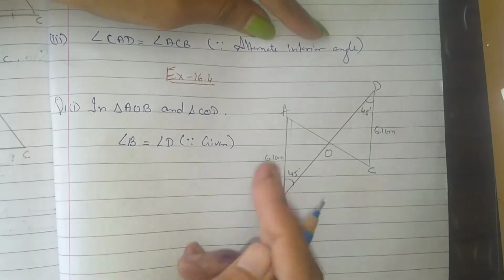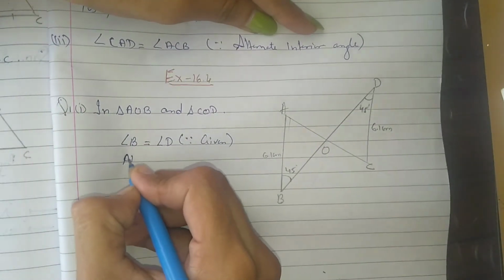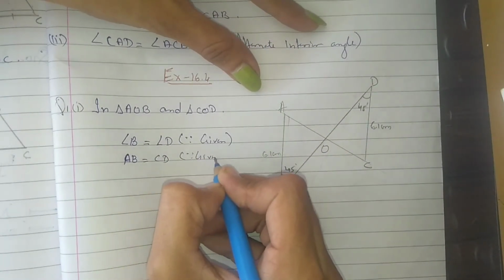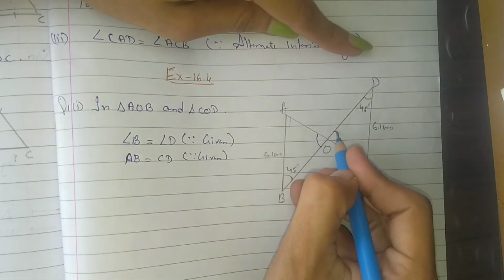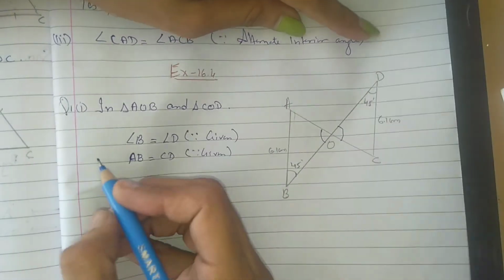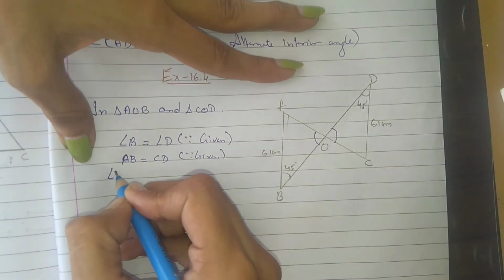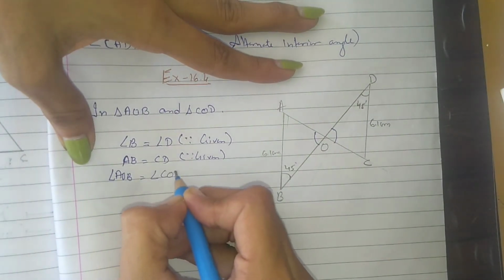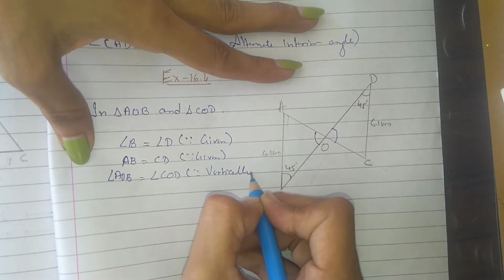Okay, now a side is also given, AB is equal to CD, that is also given, and this angle AOB is equal to angle COD. Why? Because this is vertically opposite, so we will write angle AOB equal to angle COD, vertically opposite angles.